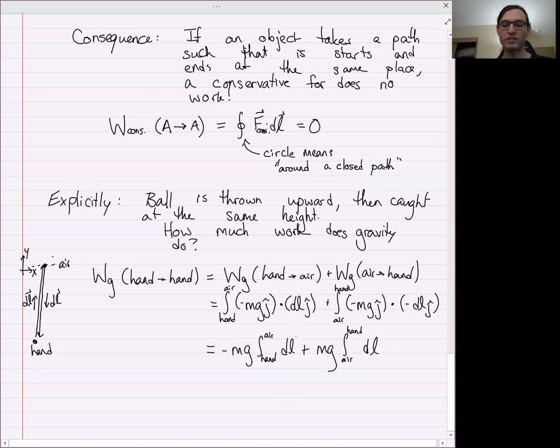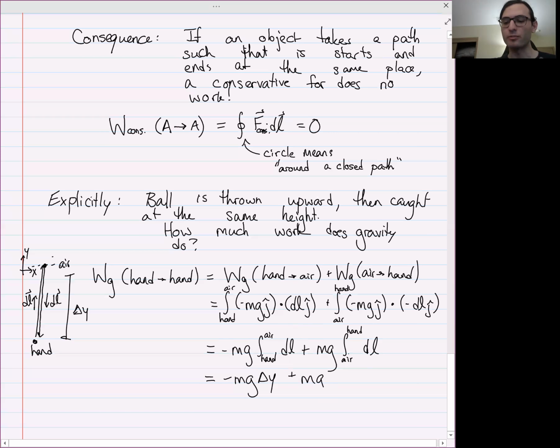So this is just an integral of the length from the hand to the air. So this is just equal to minus mg, and I'm going to call this distance delta y again, delta y. This integral is just the path length from the hand to the air.